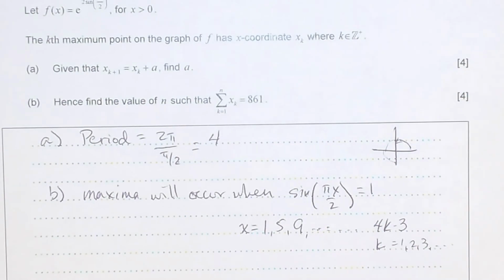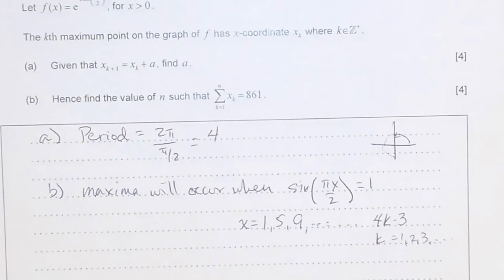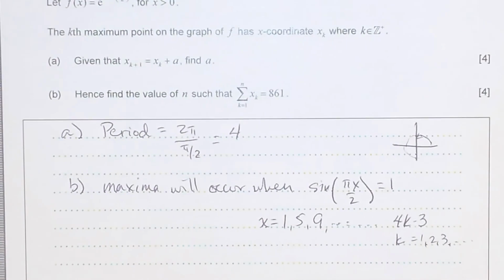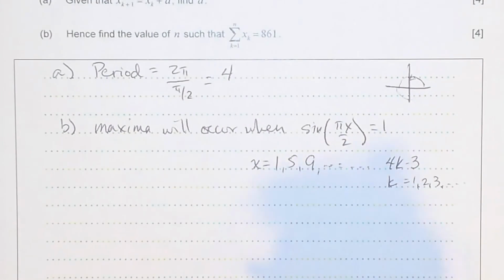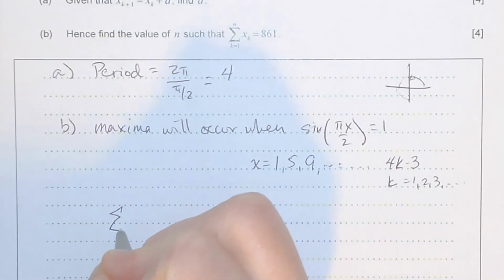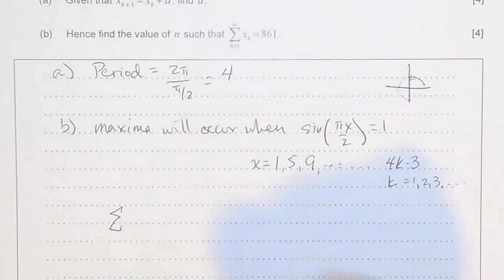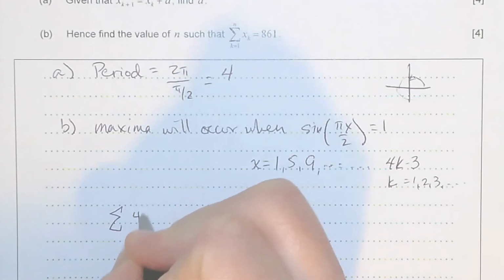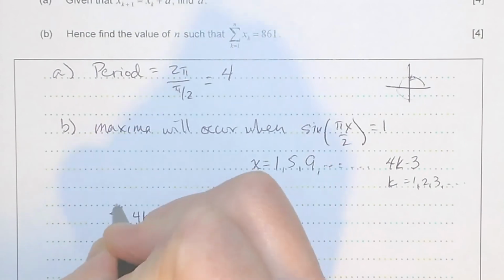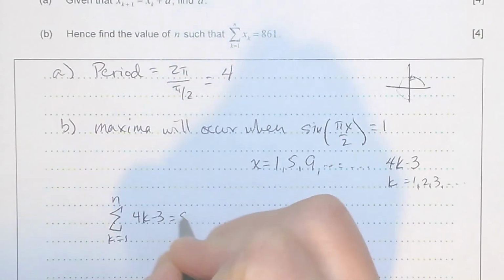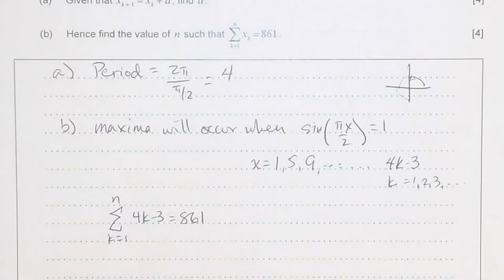All right. So really, I'm looking for the following sum. Let's move this up a little. Okay, the sum of x, which is equal to 4k minus 3, from k equals 1 to n, and that's equal to 861. So it's sneaky.